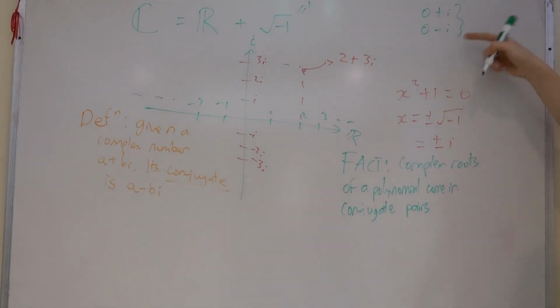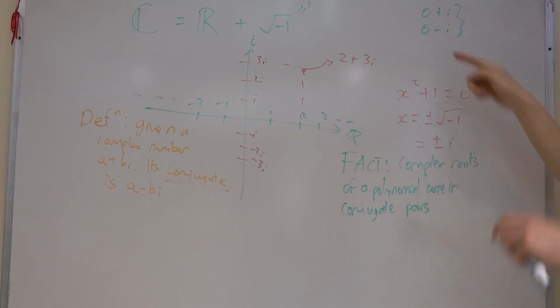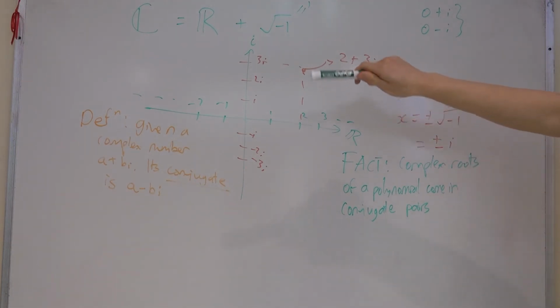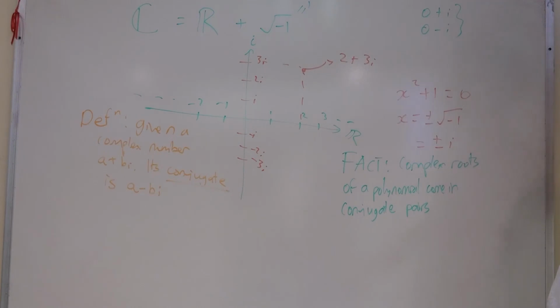So by conjugate pairs, I mean if you have one, then you also have the conjugate pair. You can never sort of get rid of it. Okay? And this is unlike what happens in the real line. In the real line, you could have a polynomial with roots like 1, 2, and 6. There's no symmetry there. But with complex roots, you always get this nice symmetry, this symmetry of conjugate pairs.